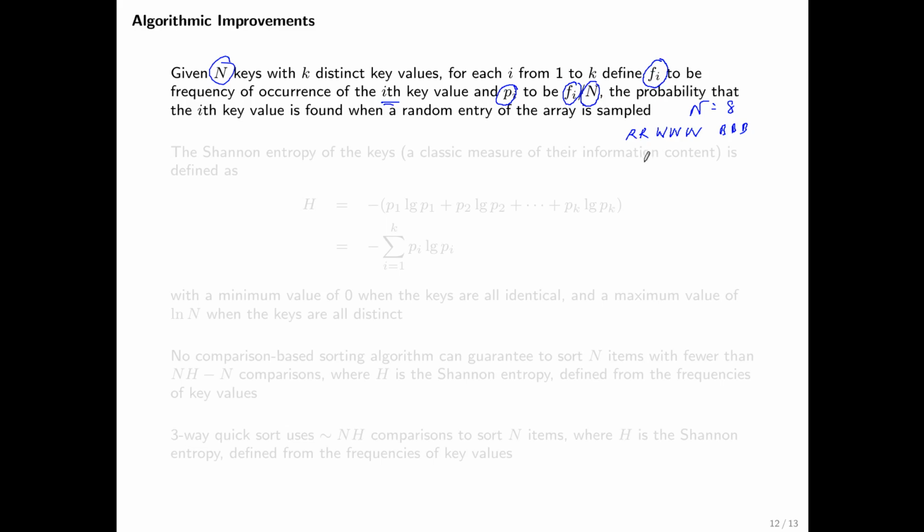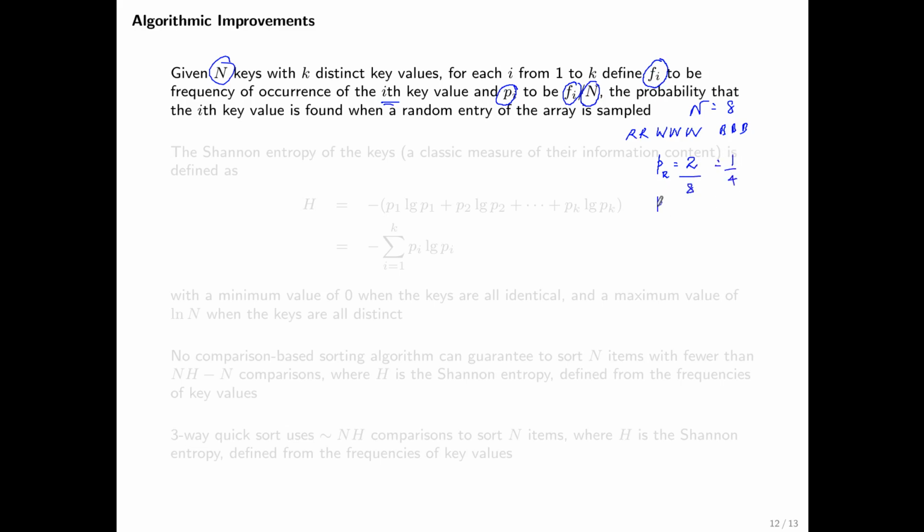And how many distinct keys do we have? We have 3 distinct keys. Now, what is the probability of the key R? Well, you have 2 for its frequency. There are 2 keys that have the value R divided by n, which is 8. That is a quarter.